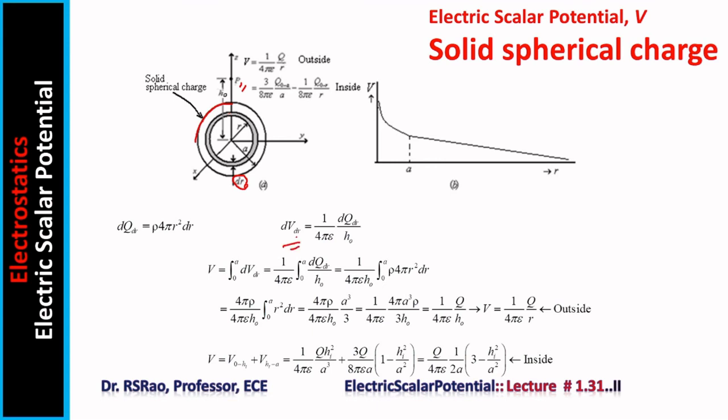That is this dV dr, the potential at P due to this shell. Now, if you want the potential due to the entire charge distribution, integrate it with r varying from 0 to a. With a little manipulation, you will get 1 by 4 pi epsilon q by r. Notice this is the same as the potential due to a point charge.